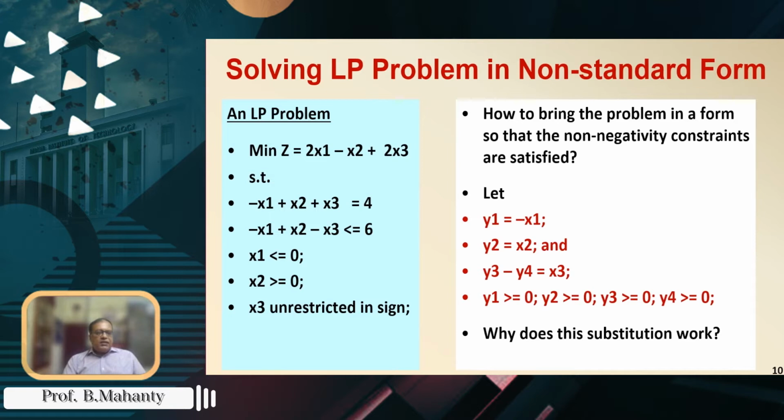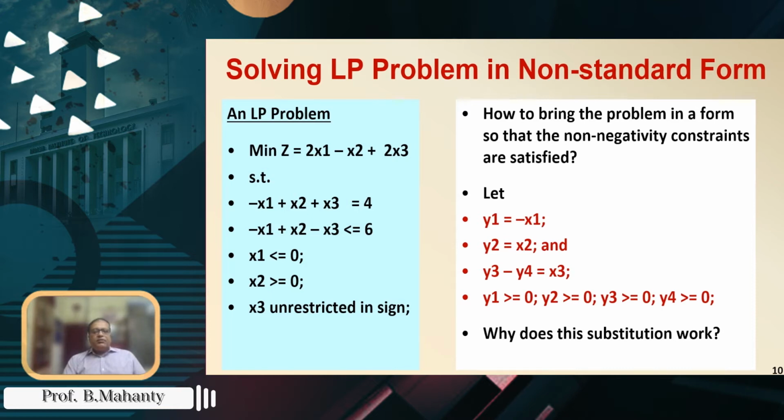Because once again, x1 less than equal to 0 is not allowed. So we make y1 equal to minus x1 and y1 is greater than equal to 0. x2 greater than equal to 0, no problem. But since everything is y, we also transform x2 equal to y2 and y2 is greater than equal to 0. And x3 is unrestricted in sign, so x3 can be replaced by y3 minus y4.